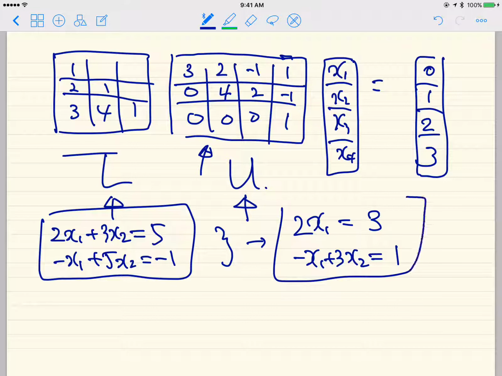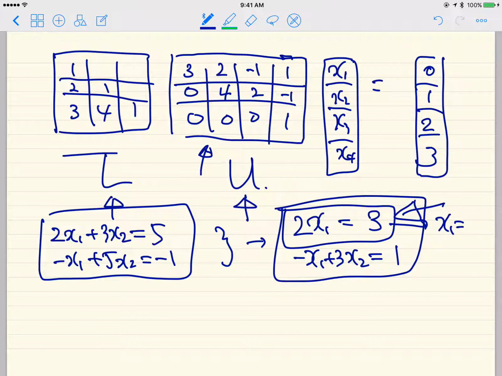But in the second case, the very first equation involves only one variable, and it doesn't involve any other variable. So it makes it really easy to obtain at least that variable's solution. In this case, x1 will become 3 over 2. Then we simply plug that in here, and x2 is obtained.